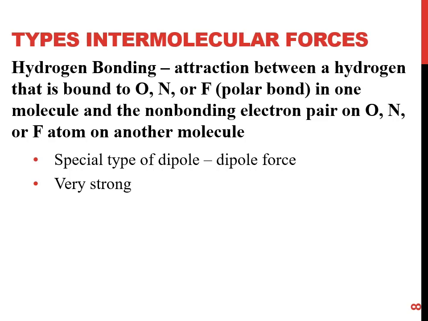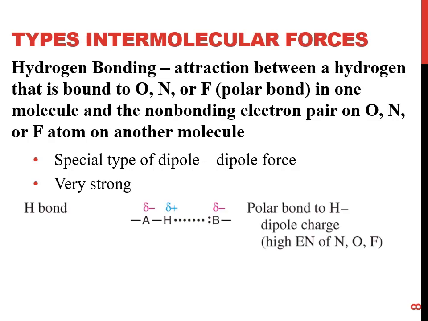It is a special type of force because of how strong the hydrogen bond is between the 2 types of molecules. So what we're looking at here in our example is we have the hydrogen that is highly partially positive when it is bound to an oxygen, nitrogen, or a fluorine. Because remember, nitrogen, oxygen, and fluorine are some of our most electronegative atoms.